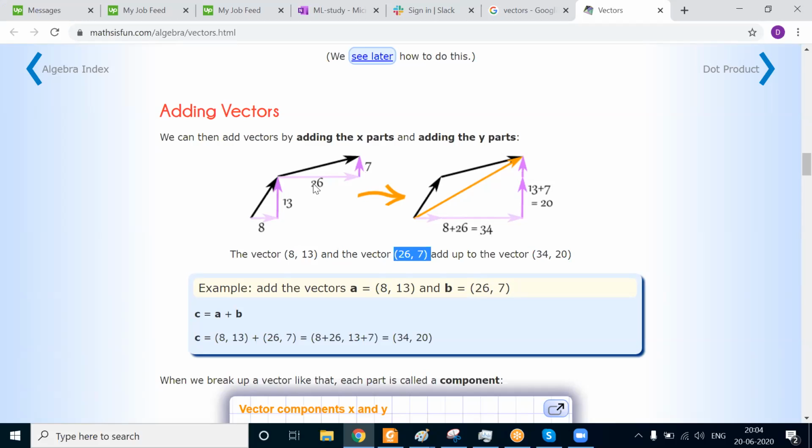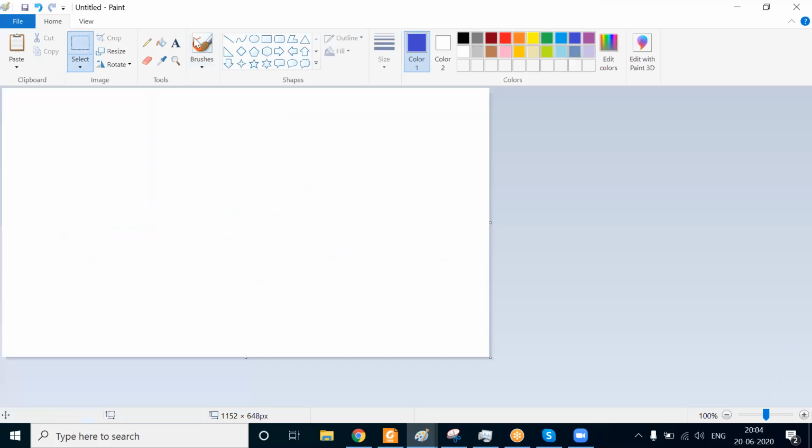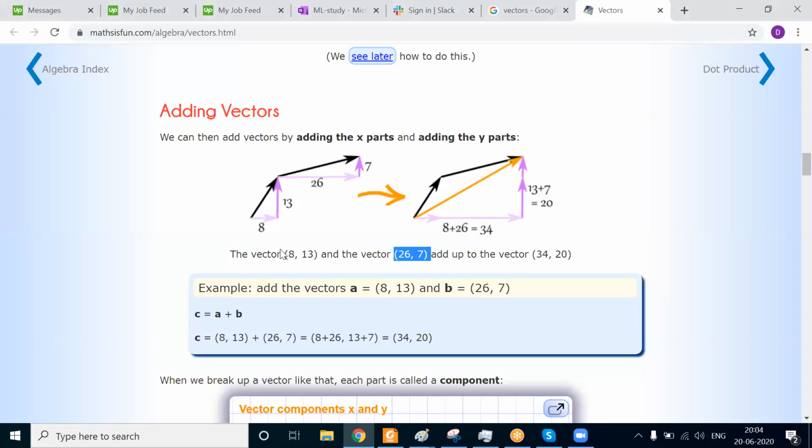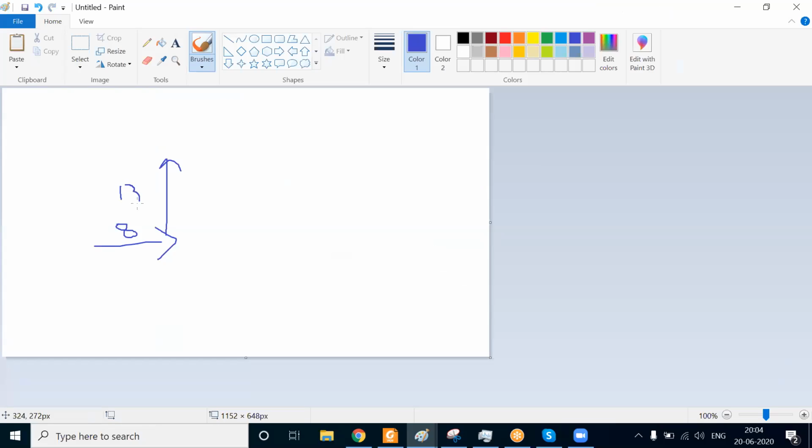8 plus 26 will be 34, right? Let me help you understand this, 13 plus 7. How to add the two vectors: say this is my vector 8. Let me check the same example, 13. Correct?